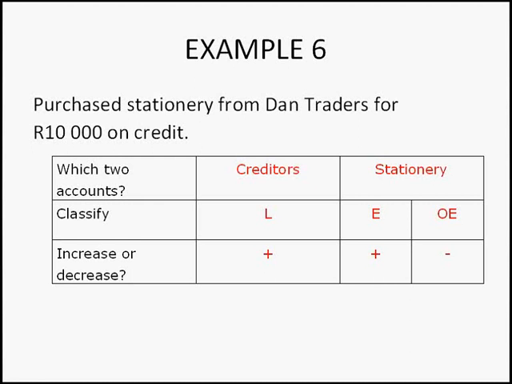Okay, so let's look at the effect on the accounting equation. Do these items increase or decrease? Creditors increases because I owe Dan Traders more money. I've bought more on credit again. And stationery, the expense, increases because I've bought some more stationery. So in the books of the business, over the period of, let's say, a year, if I had to look at the balance each month, then that balance will grow bigger because every month I buy stationery.